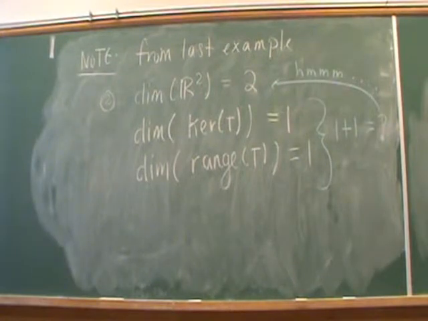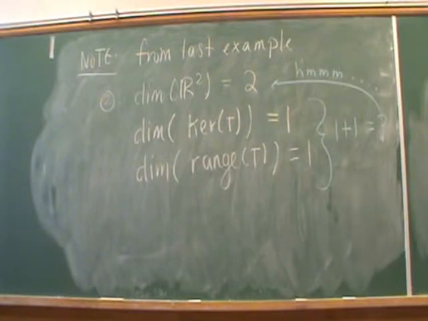It turns out that the dimension of the kernel is 1. That's because the kernel is the y-axis, and we know that the special vector j is going to span the y-axis. So it only needs one basis vector. The dimension of the range, which is all of the x-axis, is also equal to 1. The vector (1, 0) is going to span that entire x-axis.